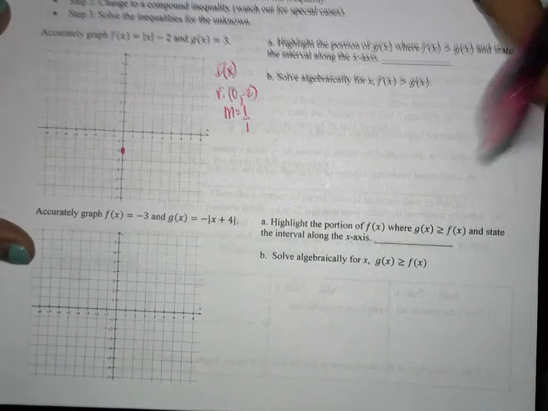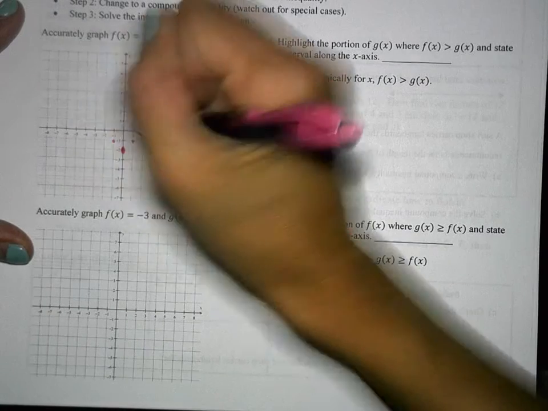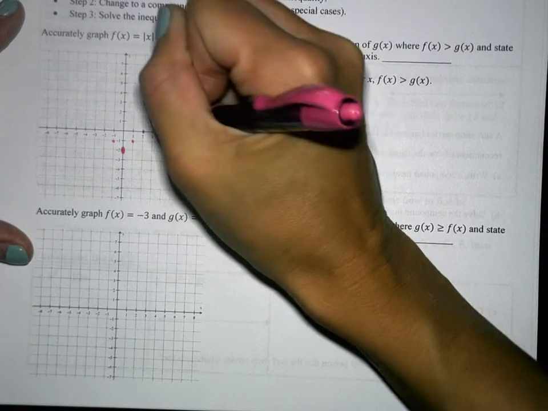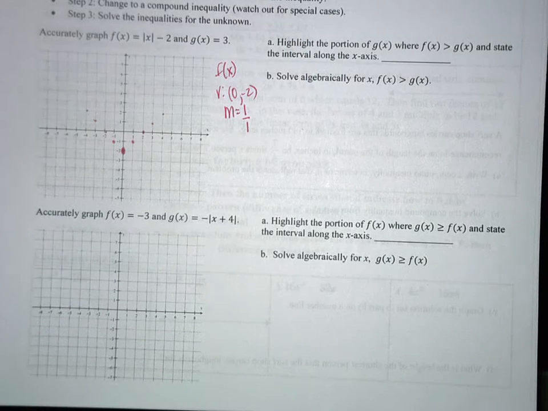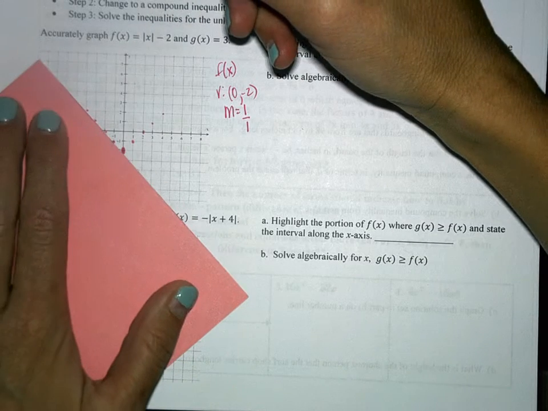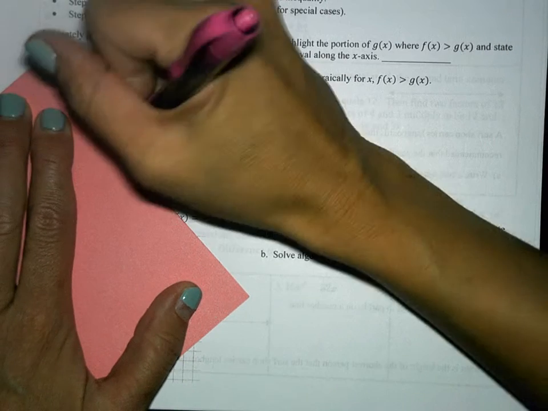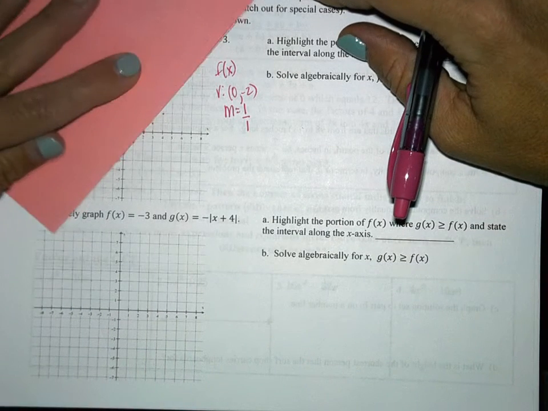Okay? So we're going to go up 1, right 1, up 1, left 1, and we're going to do that a few times because we want to make sure our line is as perfect as possible. And then we're going to use some type of straight edge to draw our line or lines.